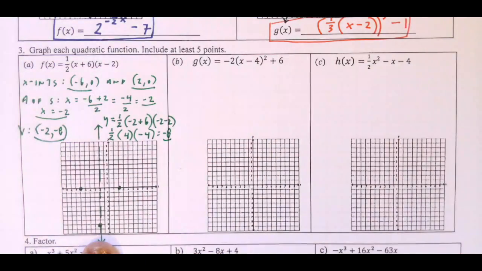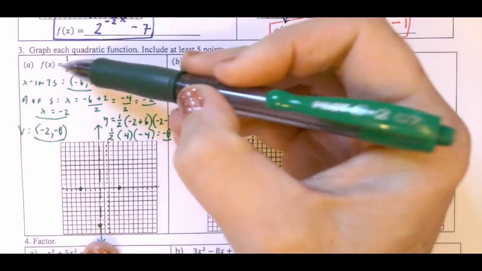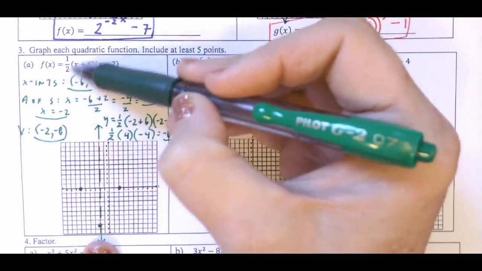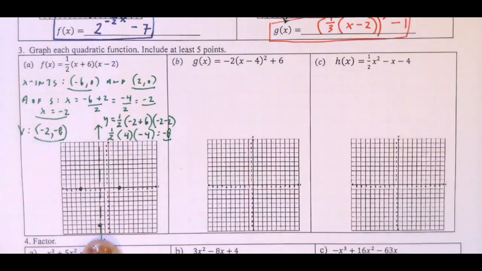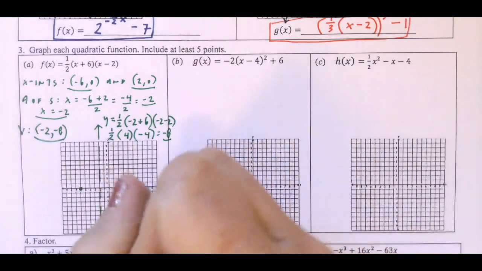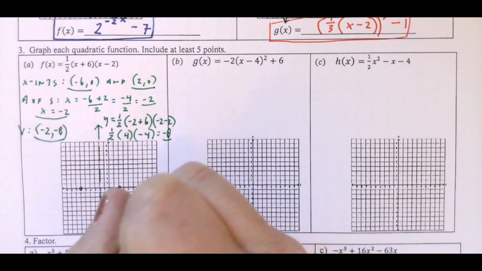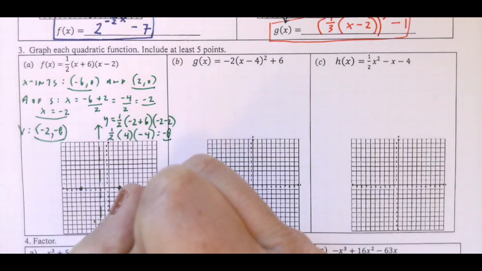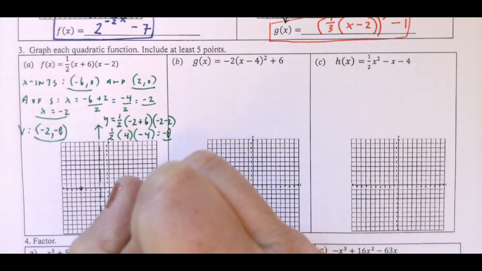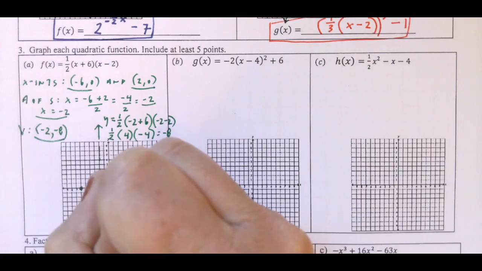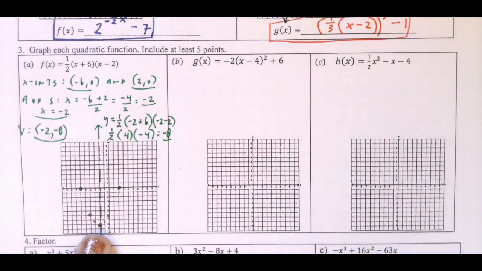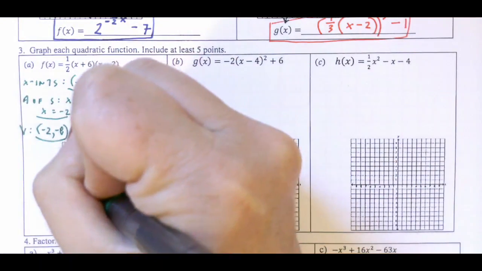All right, that looks good. I also know that that 1/2 right here tells me that there's a vertical shrink of 1/2. So if I wanted more points, I could go over 1, up 1/2, back to that vertex, over 2, instead of up 4, I could go up 2, right here and here. I have plenty of points from there, so maybe I stop and just connect my dots.